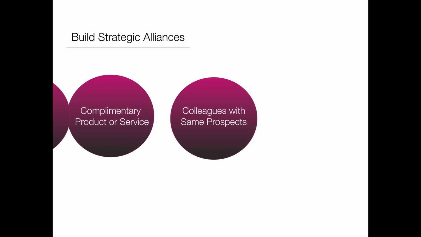The second one you want to look for is a colleague with the same prospects. Sometimes this overlaps, but I used to have a strategic alliance with somebody who sold office equipment. Now, what does office equipment have to do with sales training and sales coaching? Nothing. But she was savvy enough that when she talked to small to medium-sized businesses or entrepreneurs, she would get right to the owner.